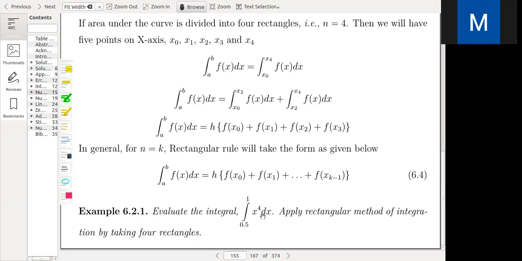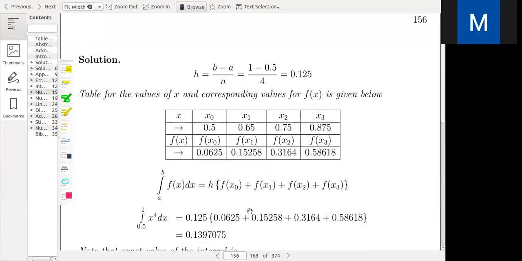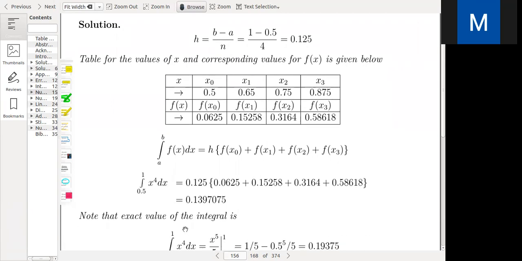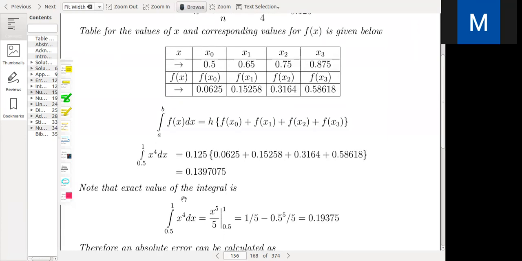So f of x0 plus f of x1 plus f of x2 plus f of x3 can be calculated as 0.1397075.